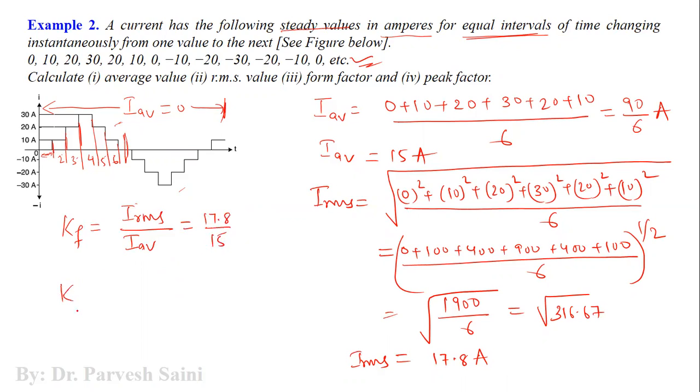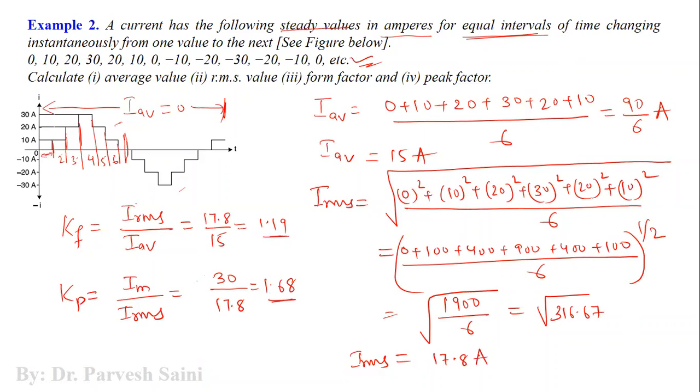Similarly, the peak factor can be calculated by dividing the peak value, the maximum value, by the RMS value. The peak value here is 30, divided by 17.8. So the answers are: peak factor is 1.68 and form factor is 1.19.